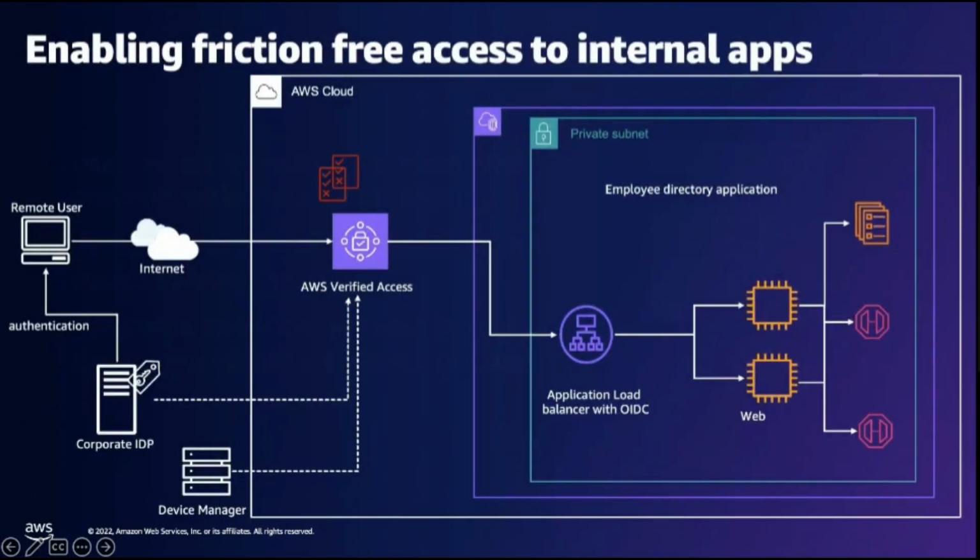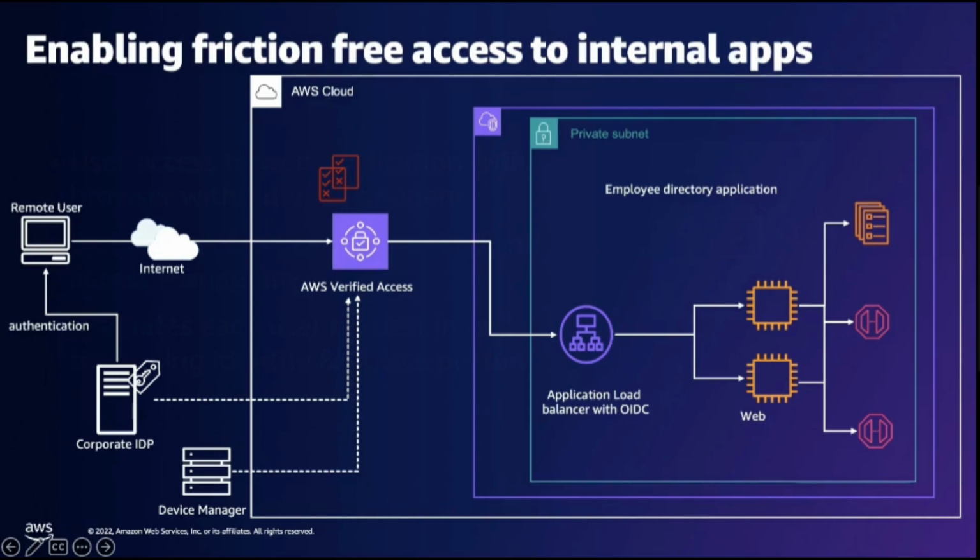So we still have our employee directory application, and this time we can actually host it on a private subnet, because that's best practice. But the only difference here is that we've got Verified Access. Now, as a remote user, you can access that application through Verified Access while it's still sitting in a private subnet.